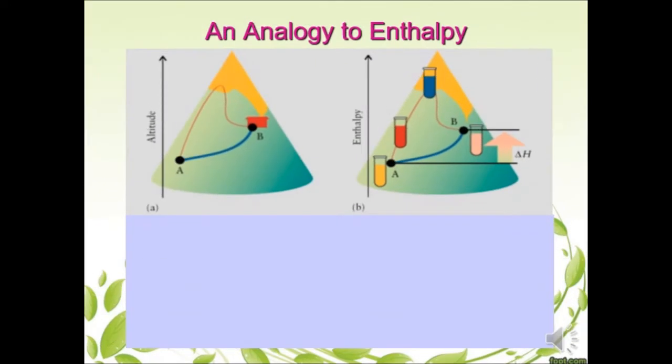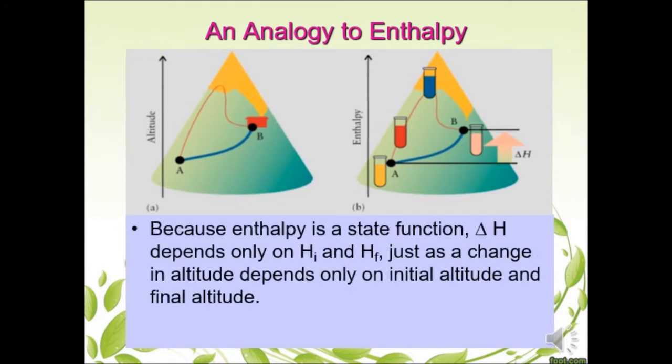For example, let us look here. The reaction is from reactant A, and the final product would be B. Now, we can do the reaction by converting reactant A directly to product B. Or alternatively, we can do several reactions, from A, yellow color, to red color, to blue color, and in the end we get B. With this reaction, we are measuring enthalpy change.